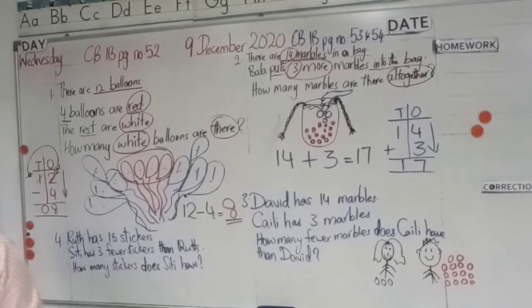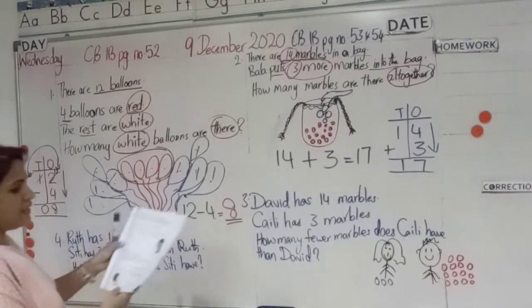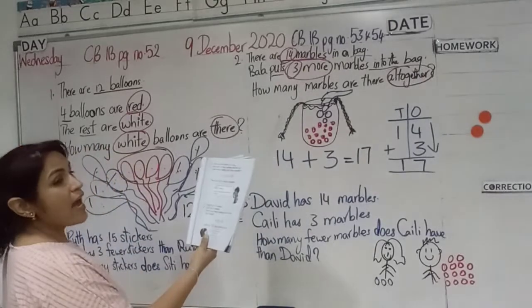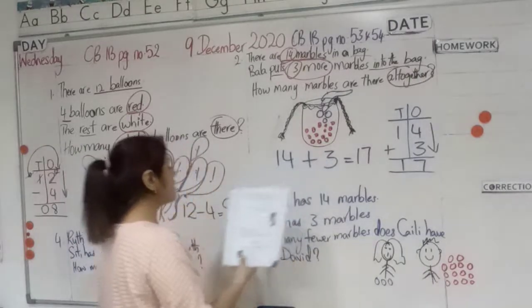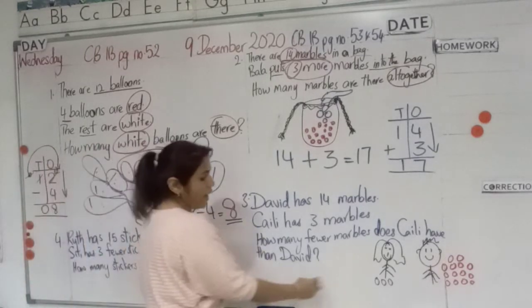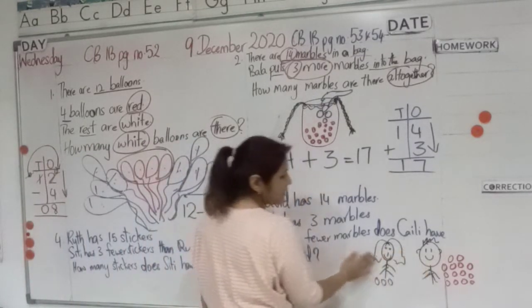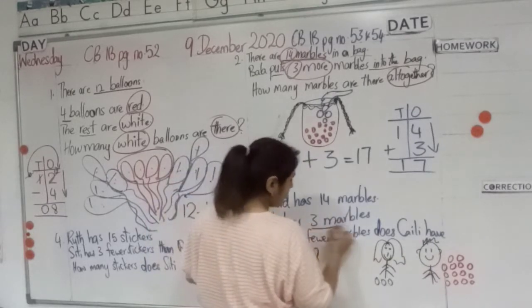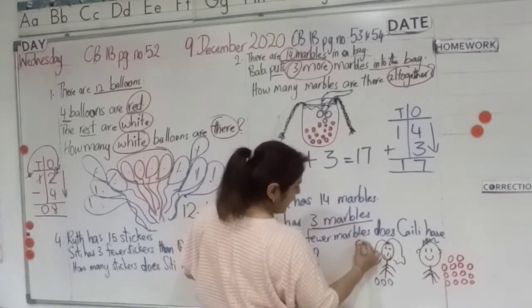Right? Now, your third question, which Callie is trying to solve. Callie is saying David has 14 marbles and Callie has only 3 marbles. So I have just drawn the picture. This is Callie. She's having 3 marbles. Okay, this is Callie.